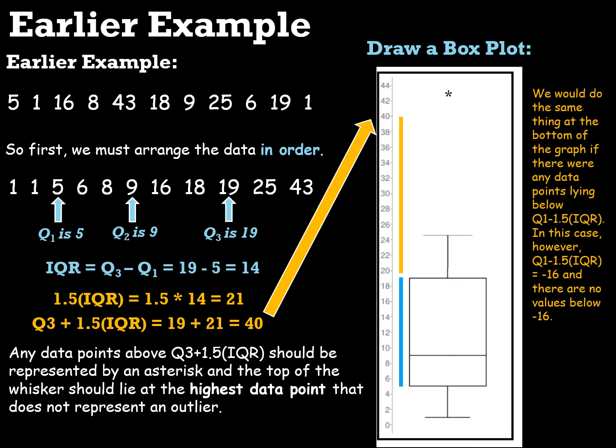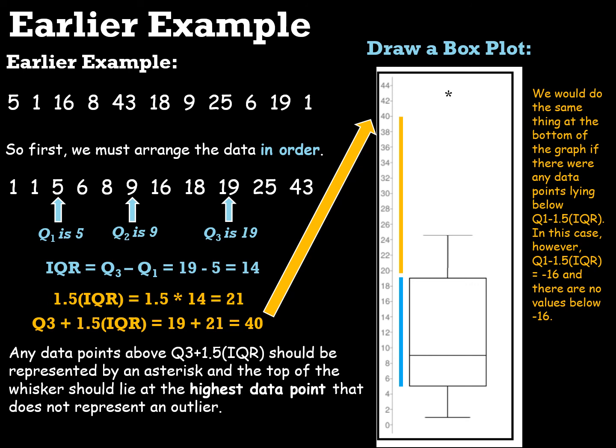Now we found this outlier at the top. Look at the bottom, and we would want to take Q1 minus 1.5 IQR to see the limit which would determine outliers on the bottom. So Q1 minus 1.5 IQR ends up being negative 16.